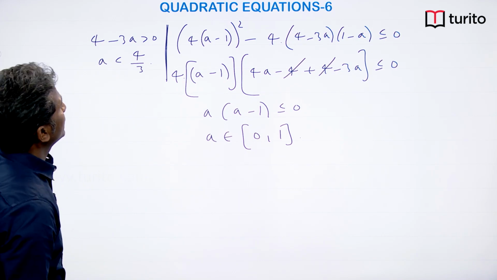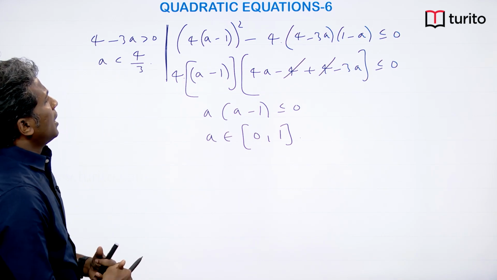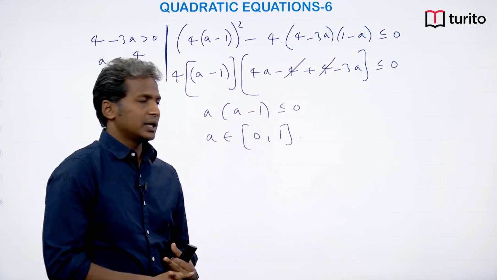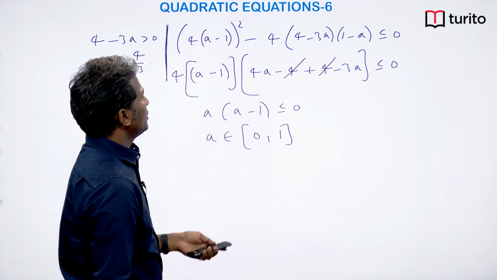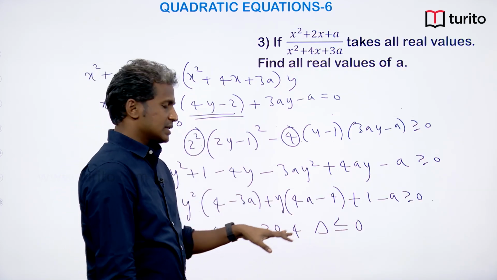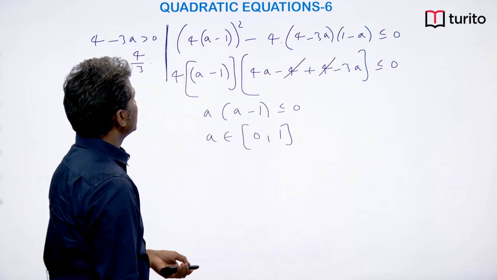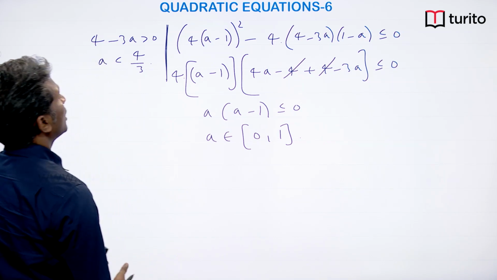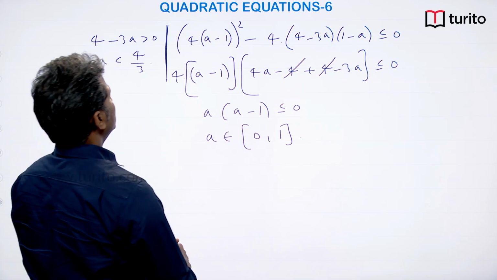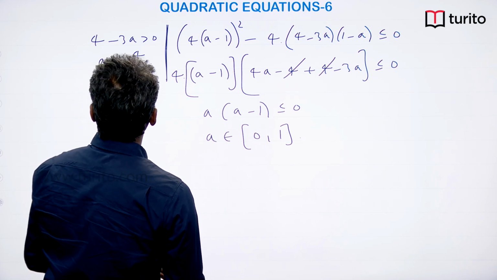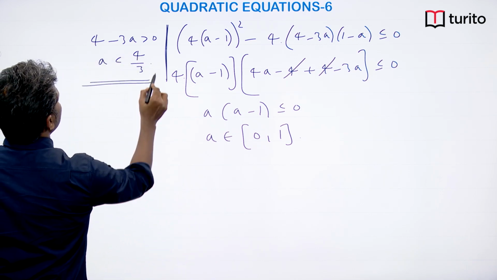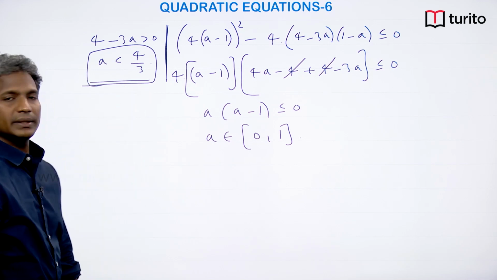So, any mistake we have done? So far none. So a is belonging to 0 to 1, that means for all these values of a, these conditions are satisfied, but there is one more aspect that we have to observe here. Values of a must be less than 4 by 3.